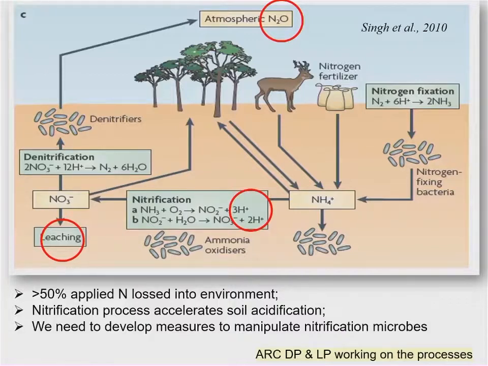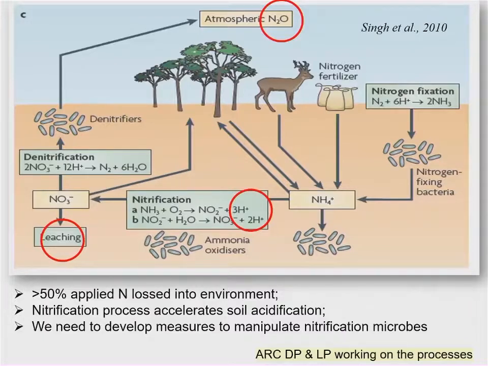So we need to develop measures to manipulate the nitrification microbes. We need to understand the microbes and then develop measures to control, or manipulate, or adjust the microbial process. In this way, our findings can serve the agriculture field.